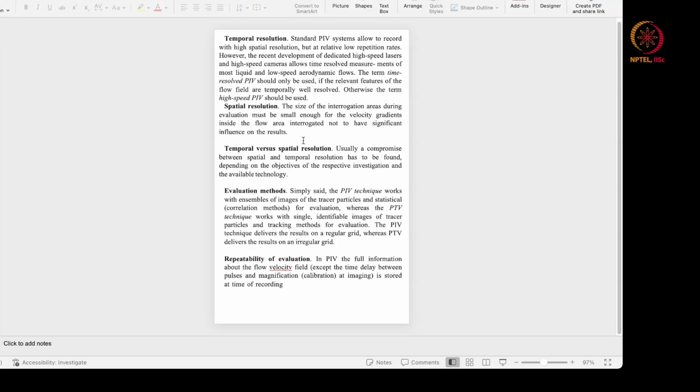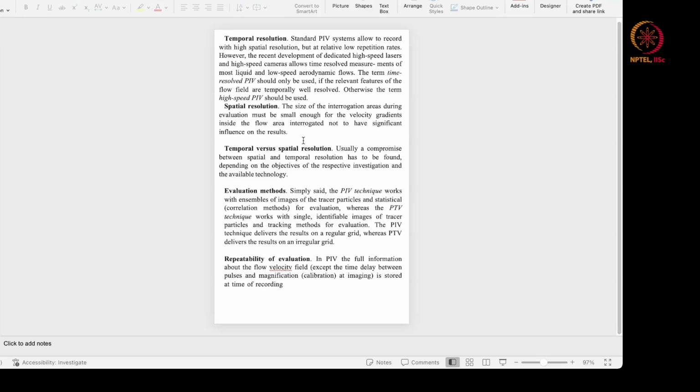So then comes the spatial resolution, which is basically that the size of the interrogation areas during evaluation must be small enough for the velocity gradients not to have a significant influence on the results. So it cannot be very large, so that within the measurement window itself, the velocity gradient is so sharp that there is a variation in velocity. Remember, within that interrogation window, we are not assuming that there is a spatial gradient of velocity present.